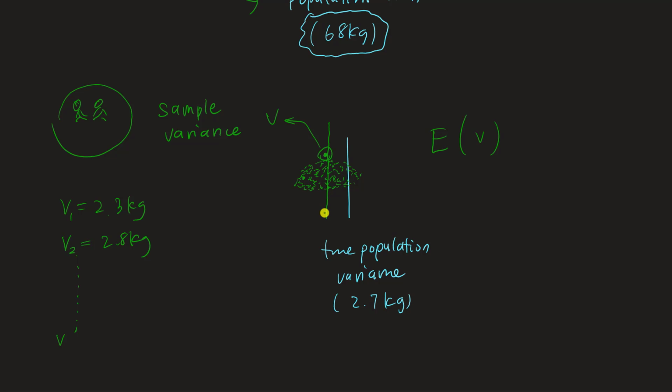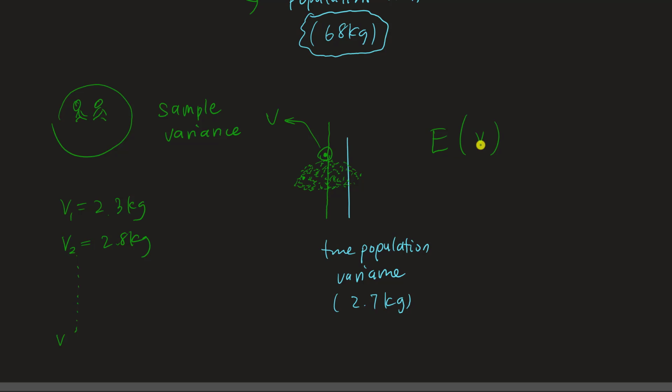Your sample variance will consistently underestimate your true population variance, which makes it biased. So your expectation of your sample variance is actually lower than your true population variance. So sample variance is actually a biased estimator of your true population variance, which makes it not a good estimator.